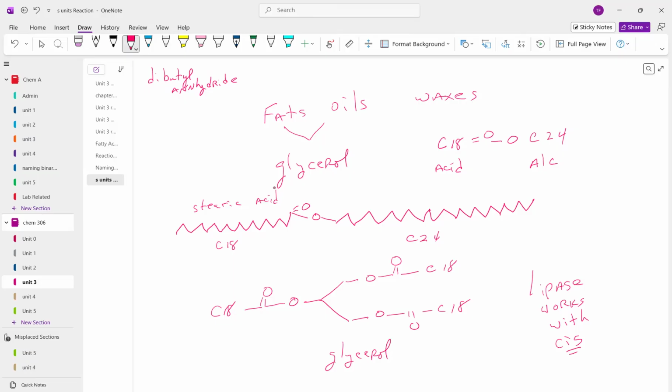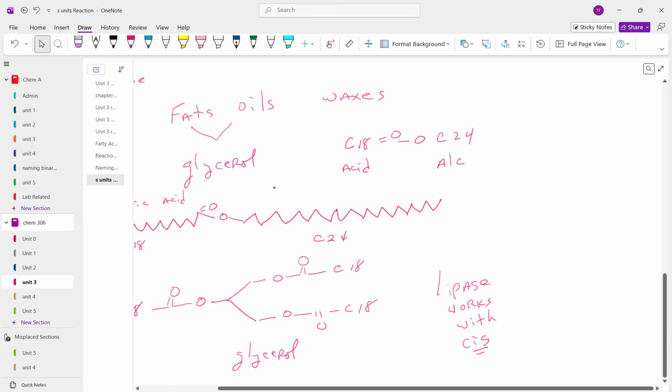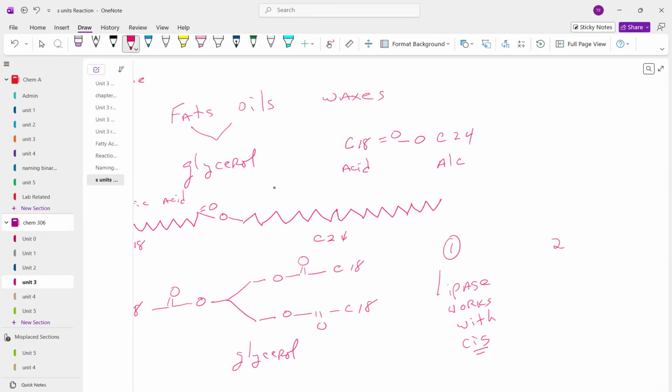So you have to be careful what you're eating. But that's one problem. The second problem is biological membranes are designed with cis fatty acids, not trans fatty acids. So your membrane will be compromised, its stability.